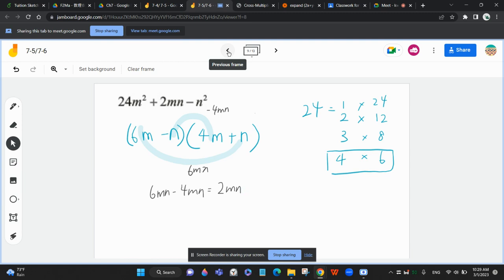Okay, so yeah, this is how we use this cross multiplication method.